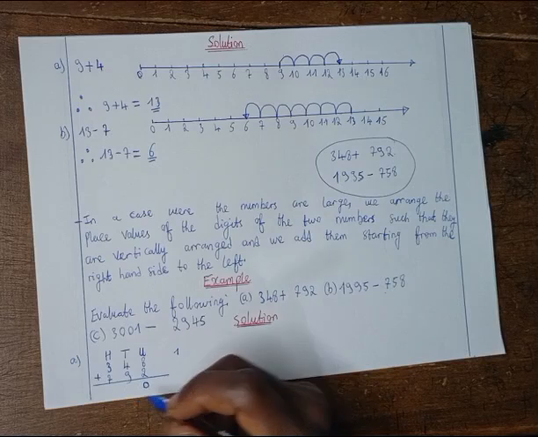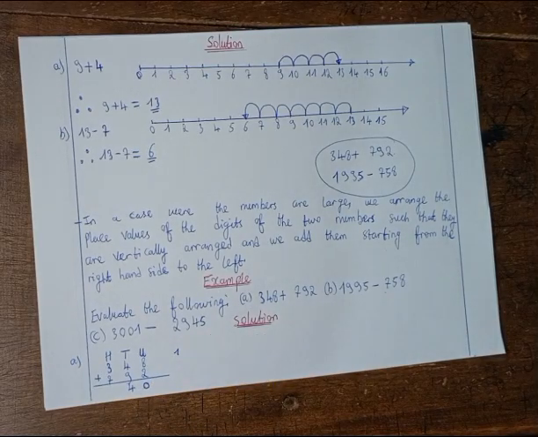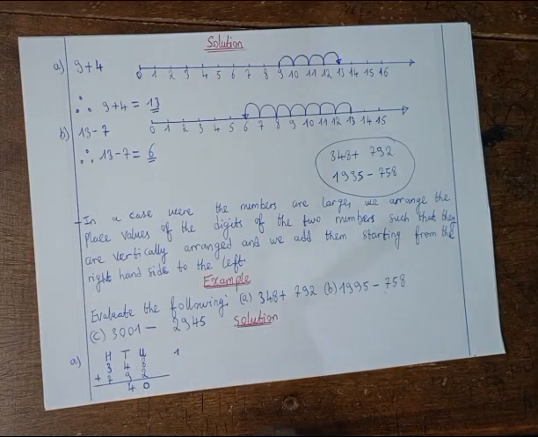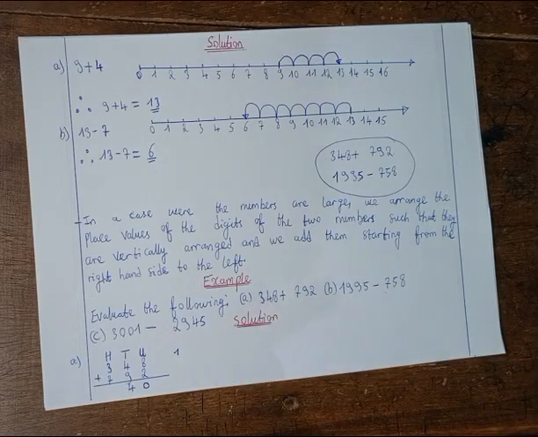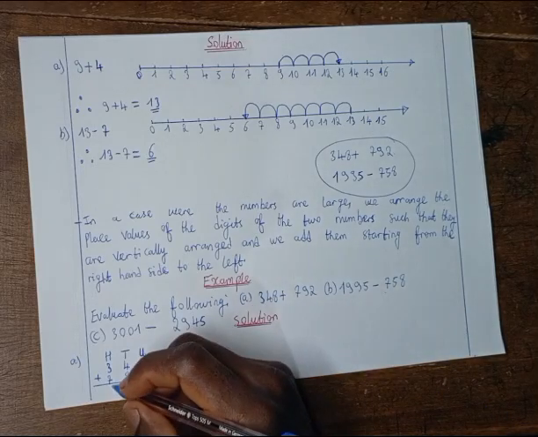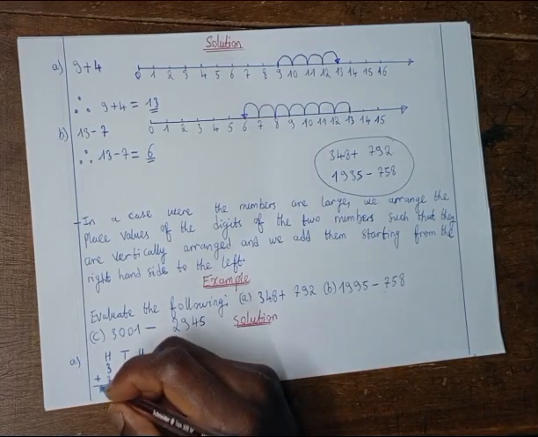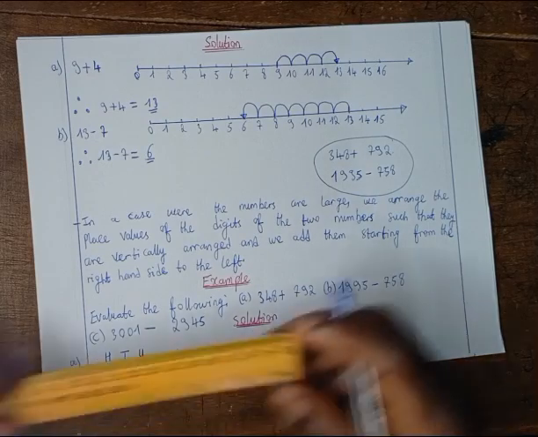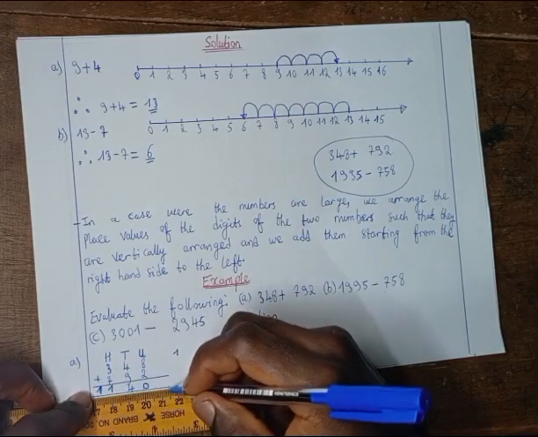We cannot write 14 here, so we just write down 4. Then we carry 1. Next, we add 3 plus 7. 3 plus 7 gives us 10. Plus the one we carried, it gives us 11. We write 1 here, then we write the second 1 for the number 11. So we obtain a result of 1140. That is the line of our answer.